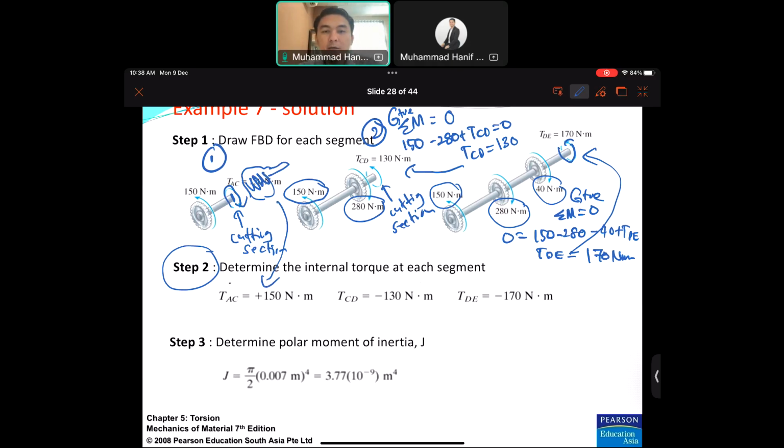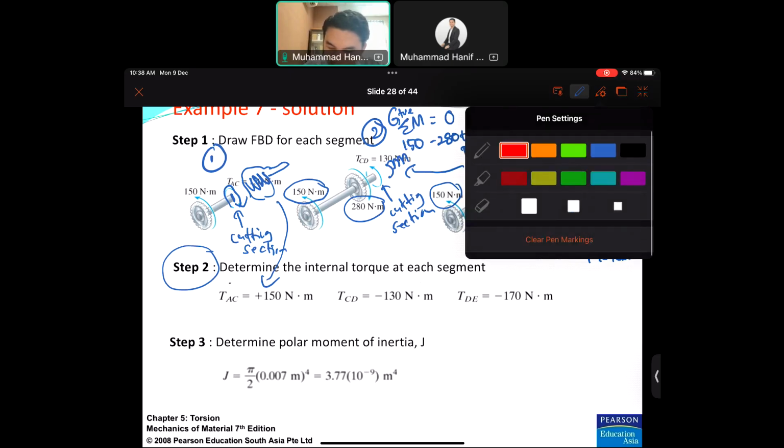All right, TCD. For this beam, it should be like this. For TCD, you put four fingers following the direction of this TCD, like this. Sorry, let me change the color.